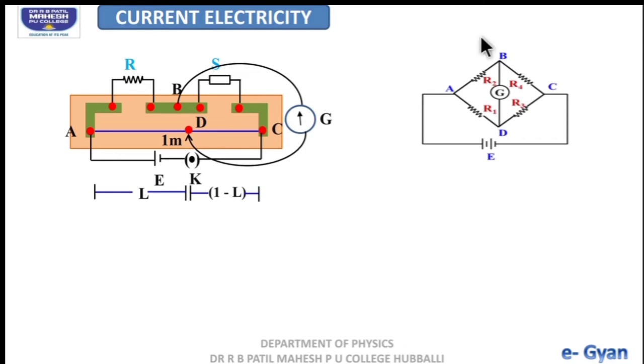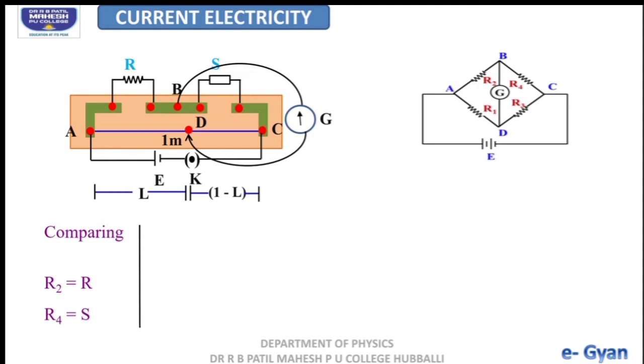This is the Wheatstone network, and if we compare this with the meter bridge, where R2 is connected, R is connected in the meter bridge, and R4 is equal to S here, and R1 is equal to the resistance of wire AD, and R3 is equal to the resistance of wire DC. When you compare these two, we can say that R2 is equal to R and R4 is equal to S.